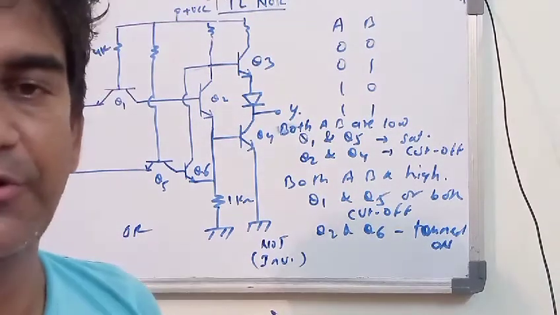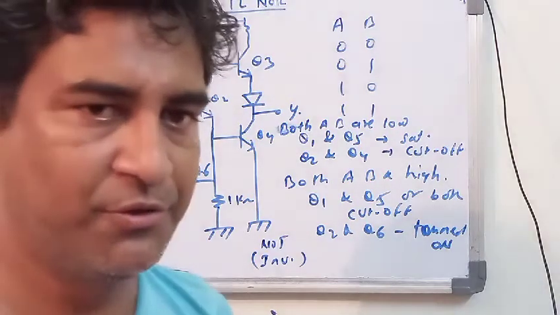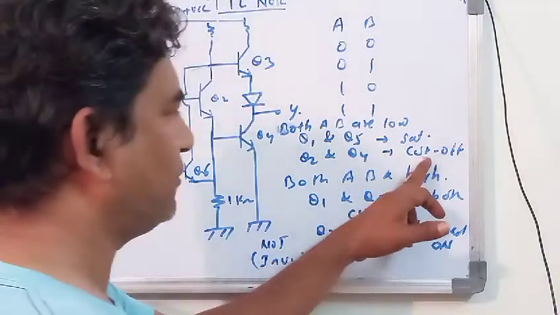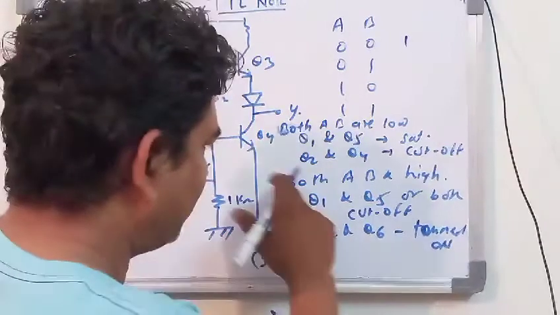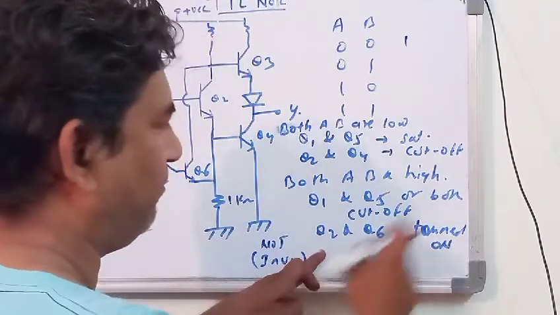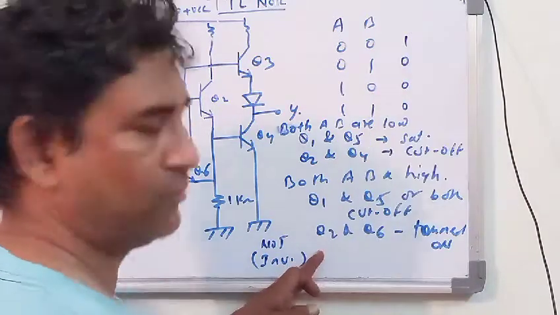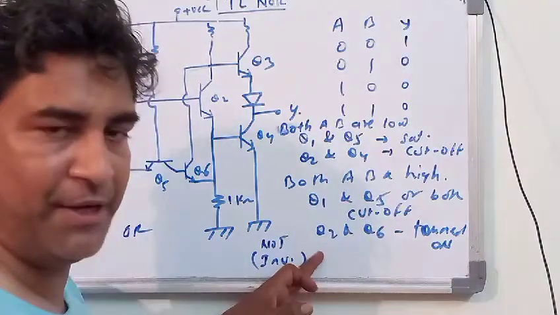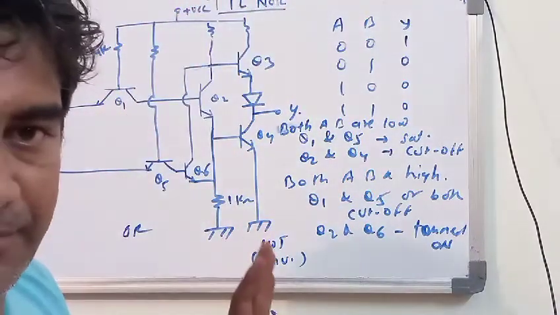As per the 0, 0 value and the 0, 1 value, and the 1, 1 value you are getting, it goes into cutoff, and you may say that the output is 1. As for the rest of the values, you will say that it is 0, 0, 0, 0. So it gets satisfied, and due to that this circuit is behaving as a TTL NOR gate.